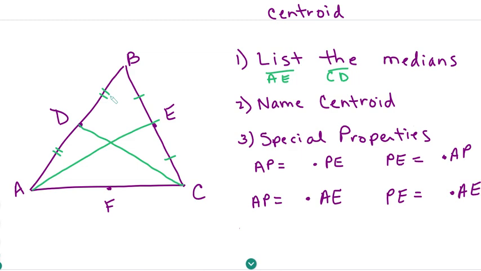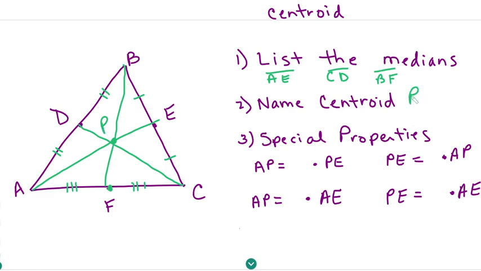The final median that we're going to draw is going to be from B to F. Again, if F is the midpoint, then AF is going to be congruent to FC. Now, the centroid is going to be where they all intersect, and we're going to name that P.